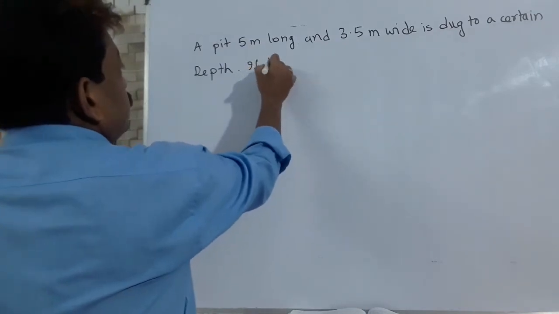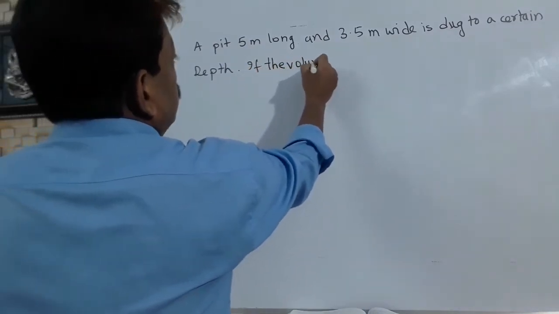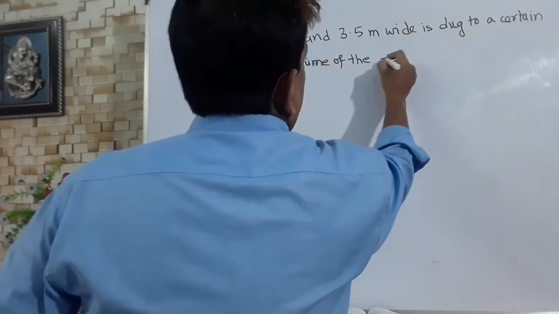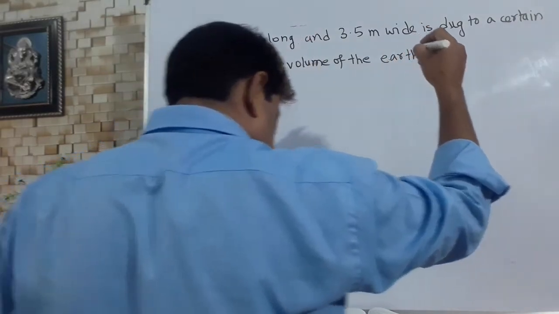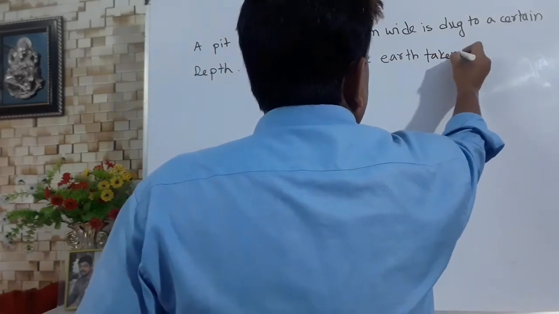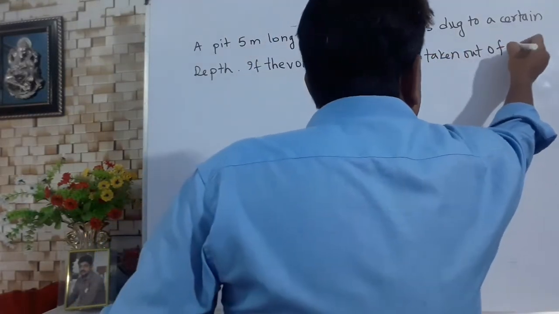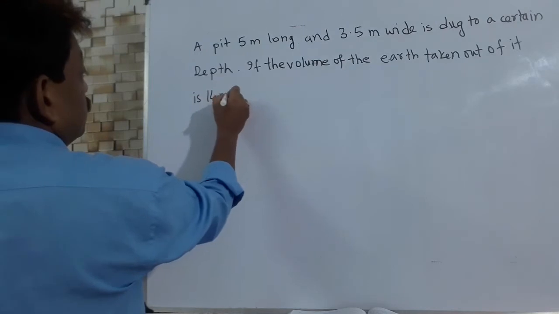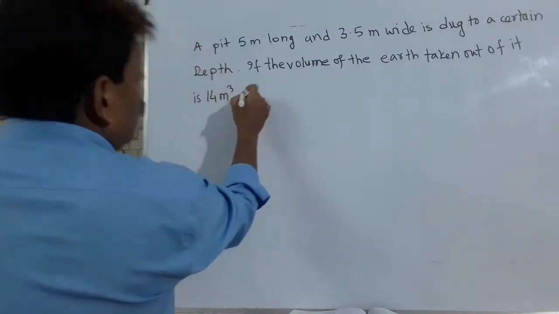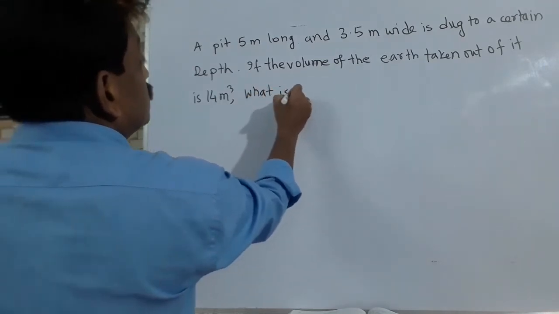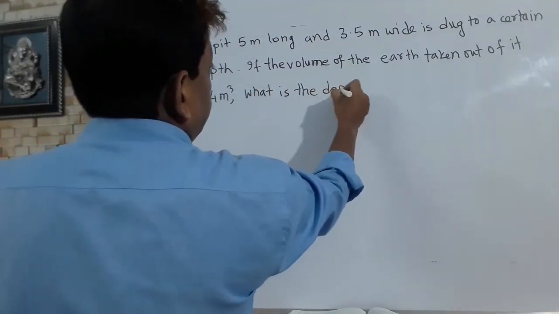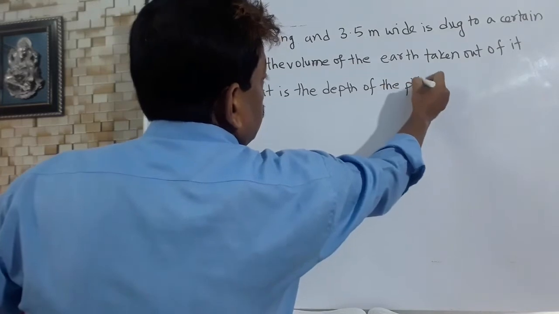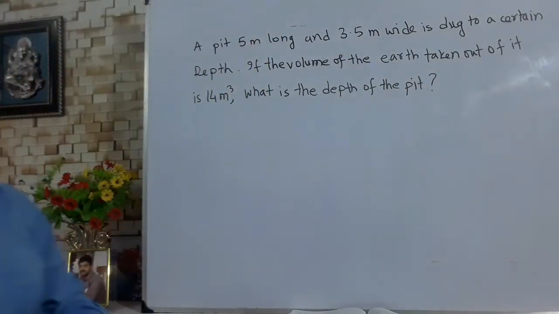If the volume of the earth taken out of it is 14 meter cube, what is the depth of the pit? Okay, so this is the question.